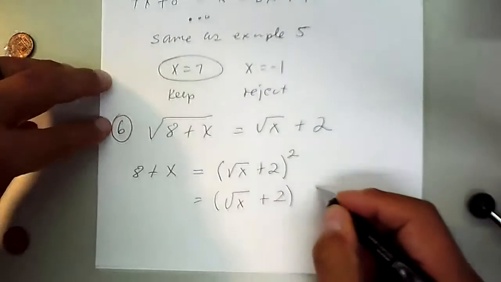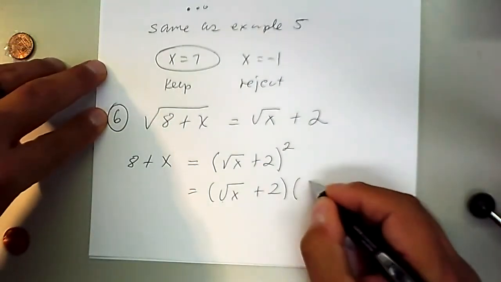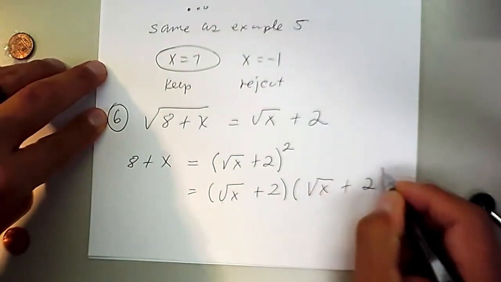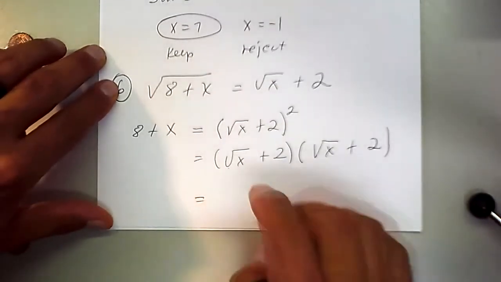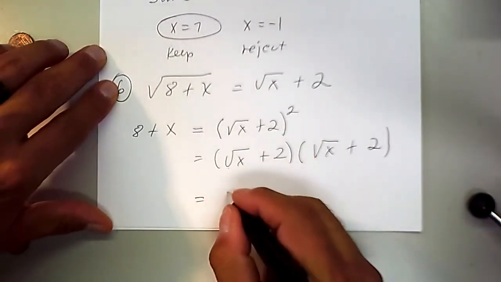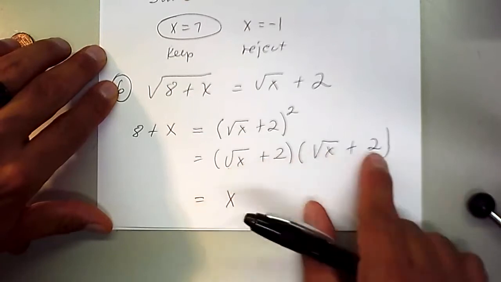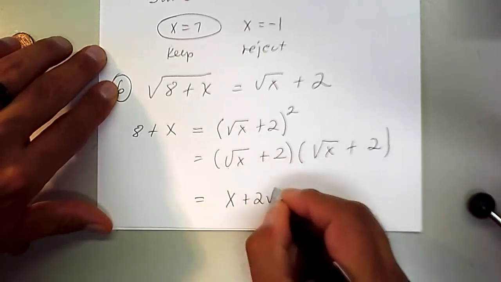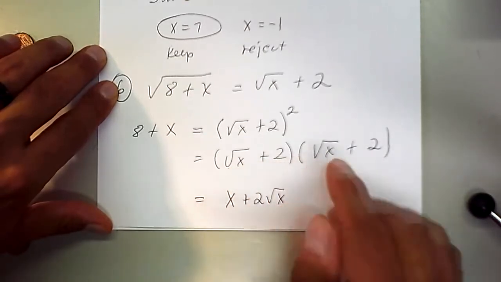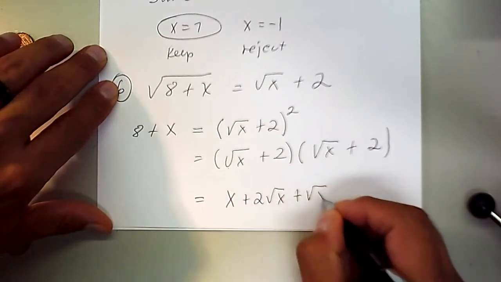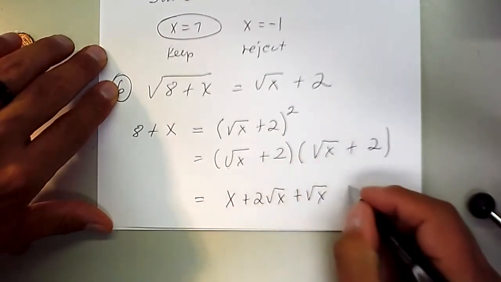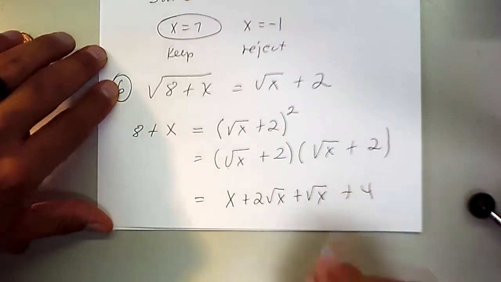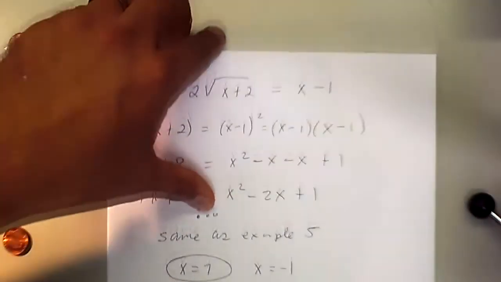just as we did the previous binomials. Square root of x plus 2. All right. So square root of x times square root of x is x. Square root of x times 2 is 2 root x. 2 root x added to that. 2 times 2 is 4. Okay, so let me continue on a next page.